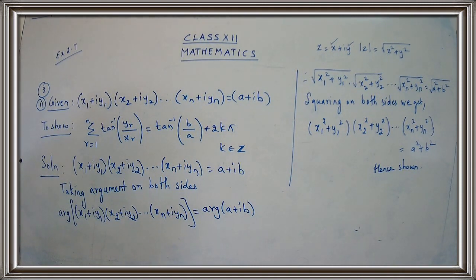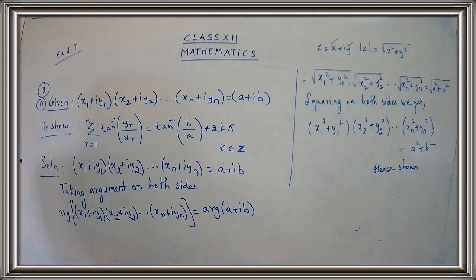You have to come to page number 77, the first property under argument. If you have argument of z1 z2, it can be taken as argument of z1 plus argument of z2.